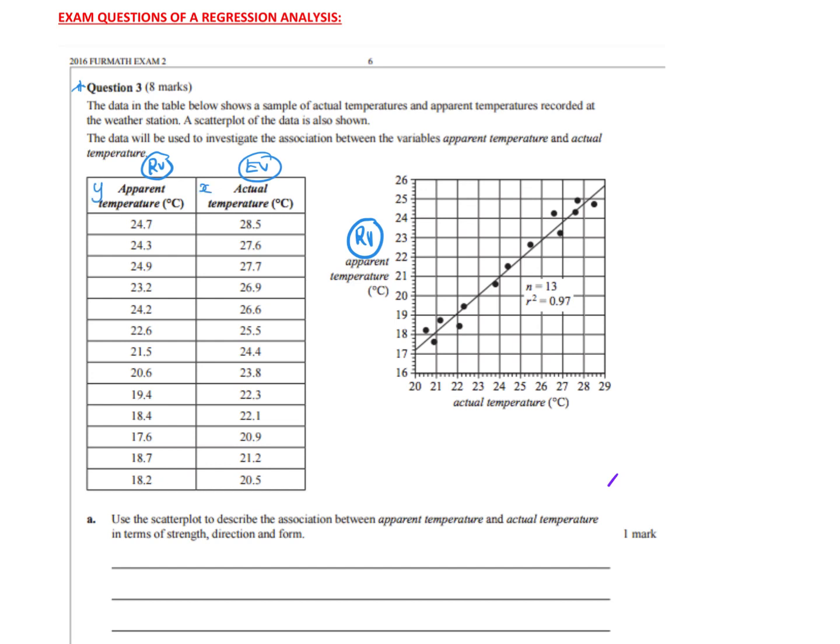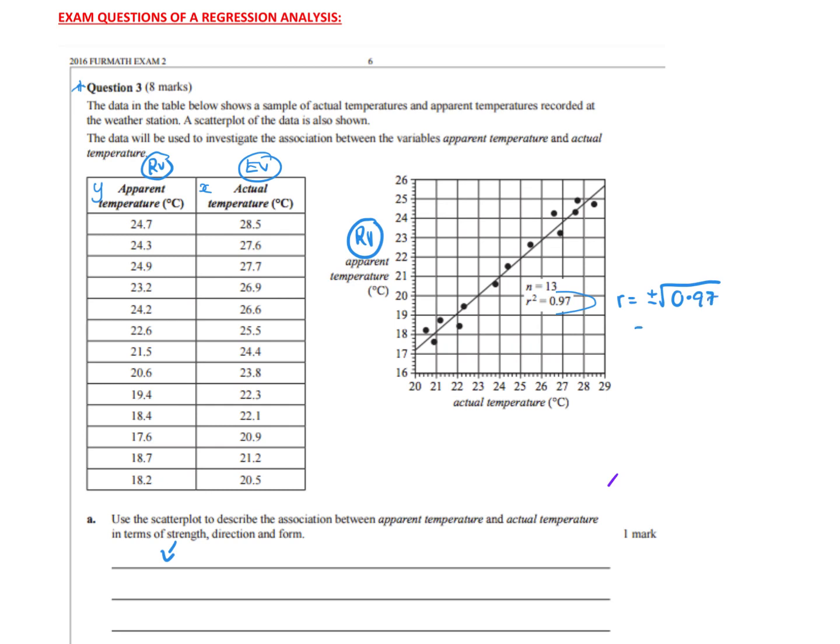Okay, so use the scatter plot to describe the association between apparent temperature and actual temperature in terms of strength. So strength is where you say it's strong or weak. You don't even have to type in the data. We've been given the R squared value there. So the R value would be the square root of that number.